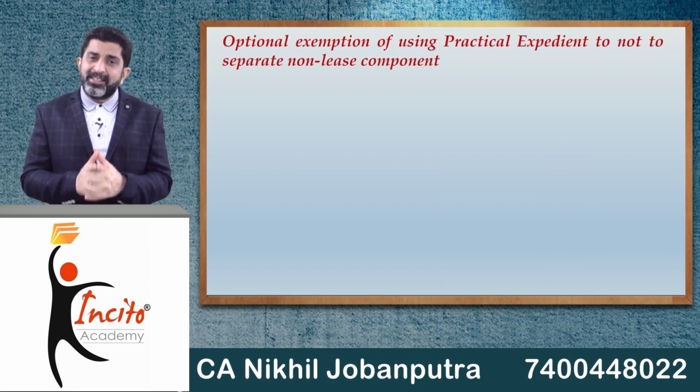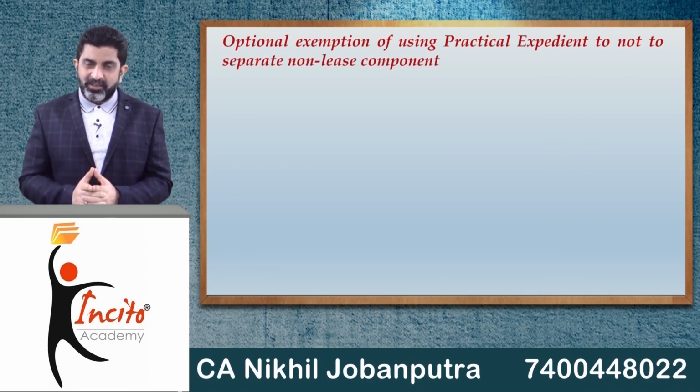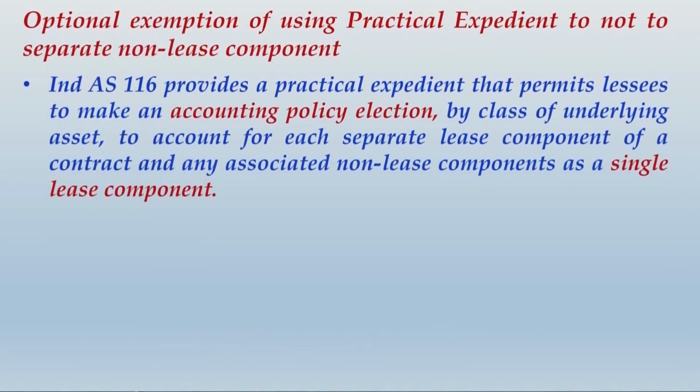So friends, in this regard, let us write down some notes. Ind AS 116 provides a practical expedient that permits lessees to make an accounting policy election by class of underlying asset to account for each separate lease component of a contract and any associated non-lease components as a single lease component.